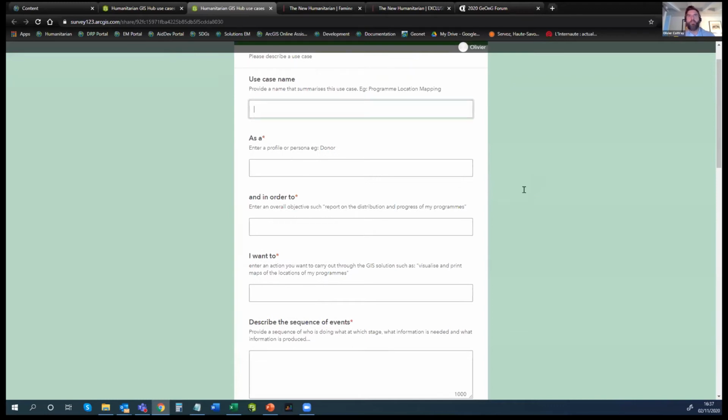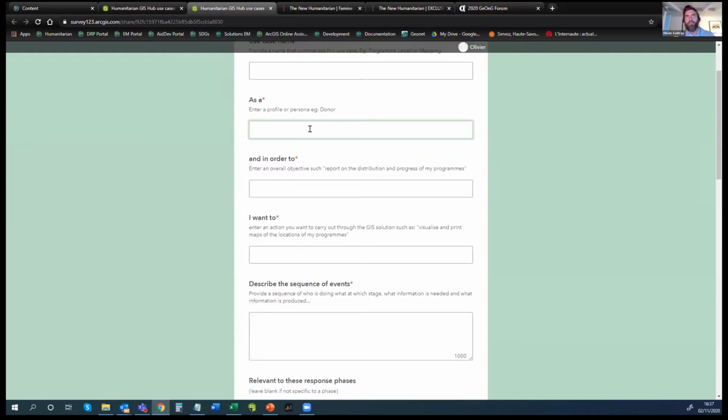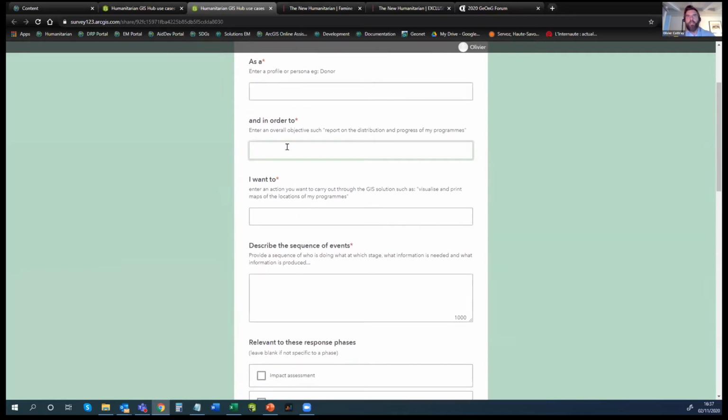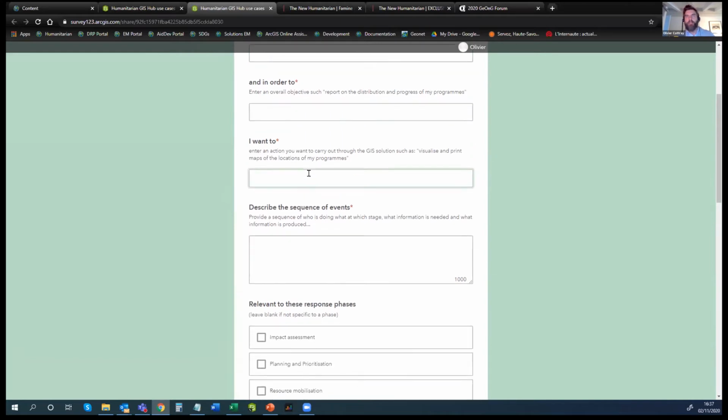So we'll be adding a name in there. You pick the persona that you want to be defining or describing your use case for. This is the objective of the use case, so this is the high level objective, for example, reporting on the distribution and progress of a program. And then what is it specifically that you want to do in this use case?